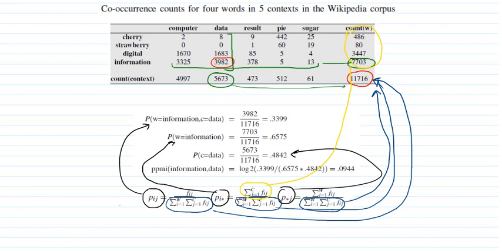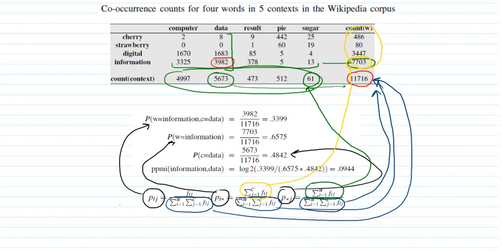So for cherry it will be the summation of 2, 8, 9 and so on, and in case of P of C we do the summation on all the counts of words. So it is actually this thing. So this is the value 61 here, right? Similarly this is the value 7733, right?